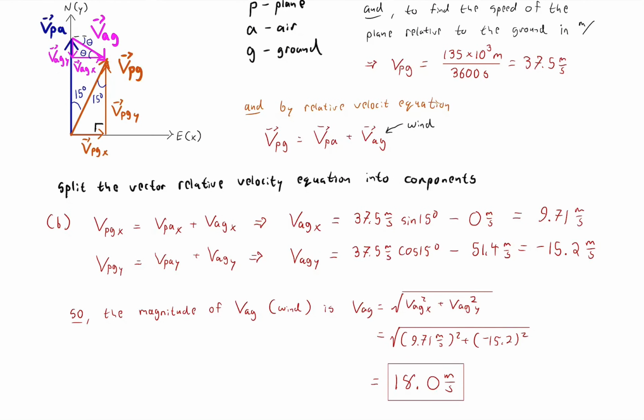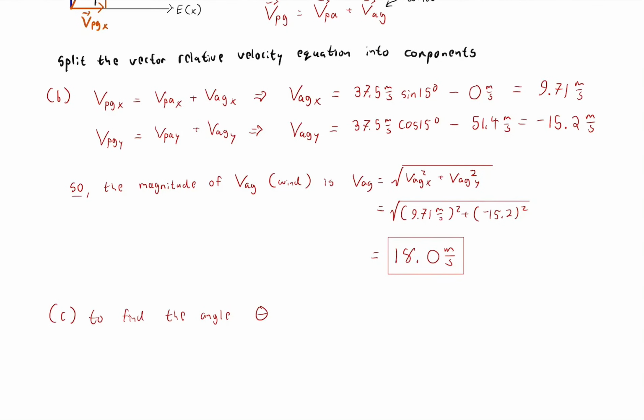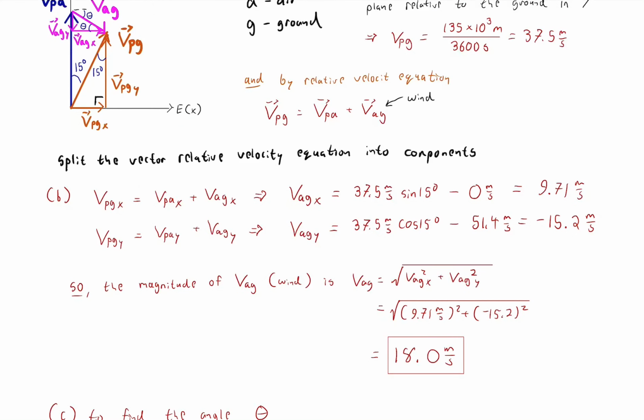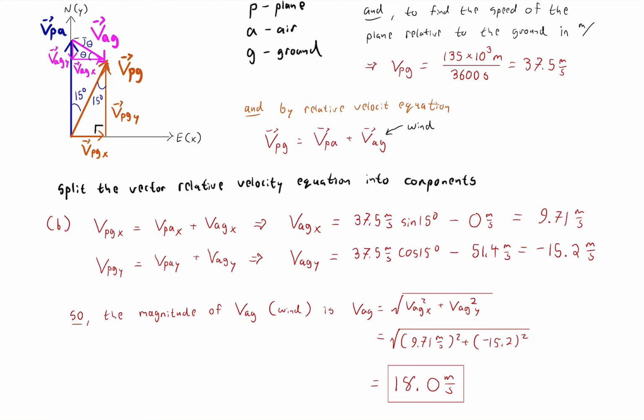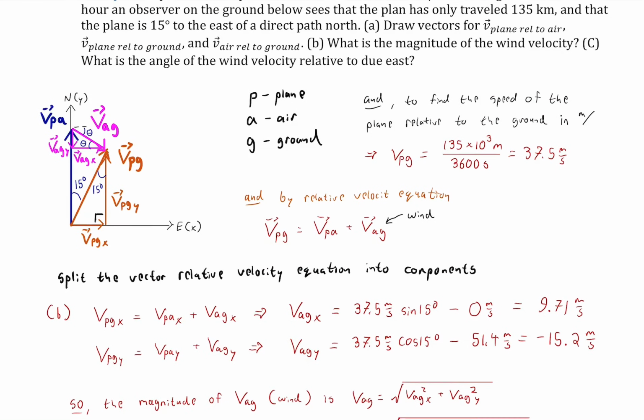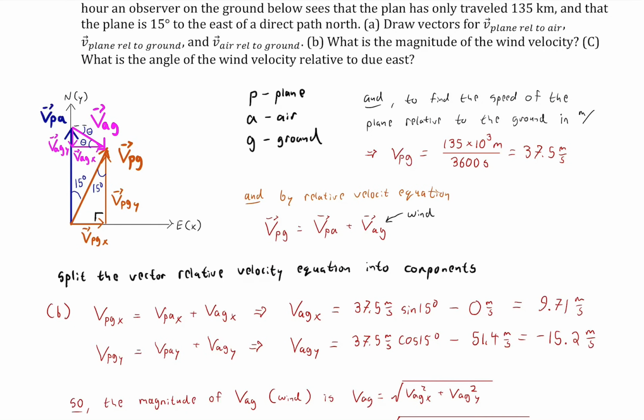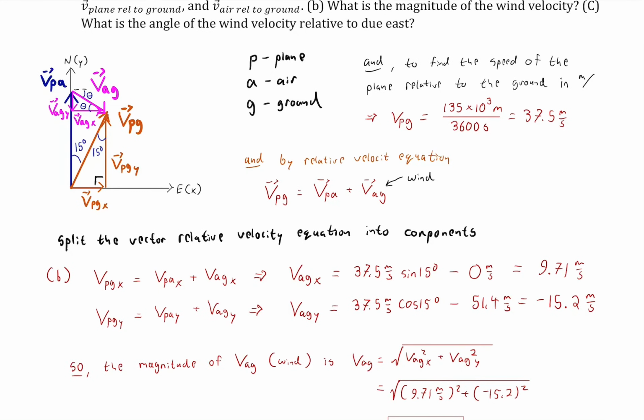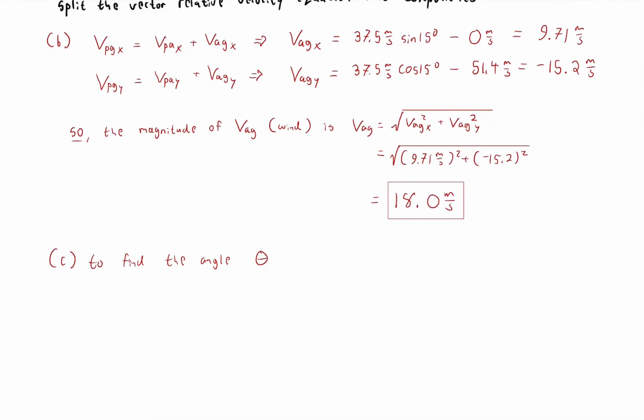And to find the angle theta, I've defined the direction of the velocity of the wind relative to due east. So what is the angle of the wind velocity relative to due east? I wasn't sure if I had specified that, but yes, it is specified relative to due east. I'm going to use tangent inverse of the vertical component of the wind divided by the horizontal component.